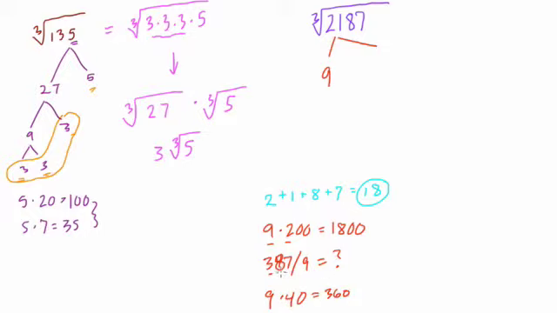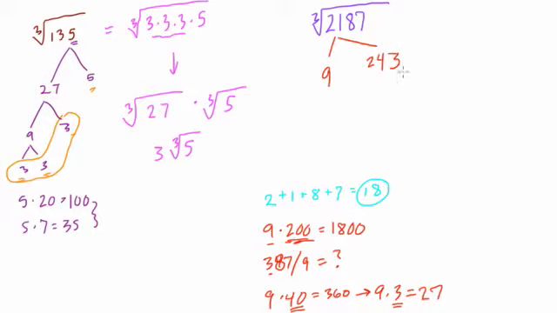We're trying to get 387. I have 27 more to go. And to get 27 more, I just do 9 times 3. All right? So altogether, I multiply 9 by 3 and 40 to get 387. So we have 200 here, and 40 and 3, so 243.